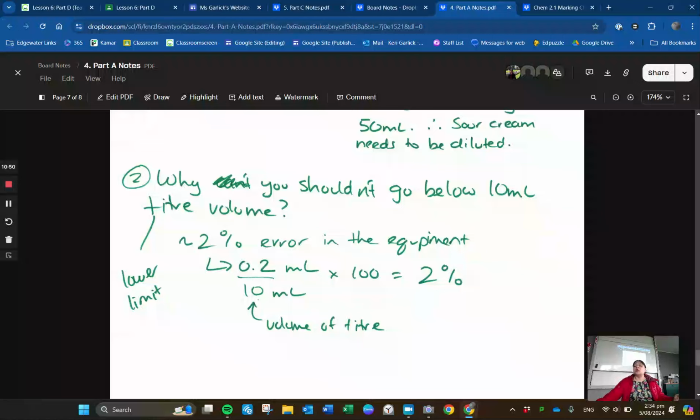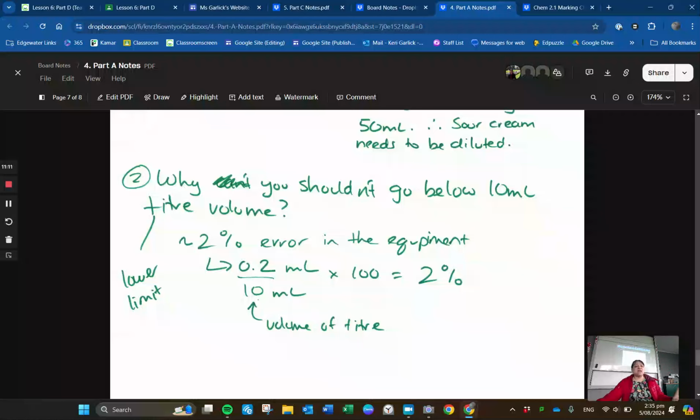In my case, I chose a 10 ml titrate volume. My error is 0.2, so when I'm reading it, the solution could be 0.2 above or 0.2 below, then I have a 2% error divided by 10 mls.